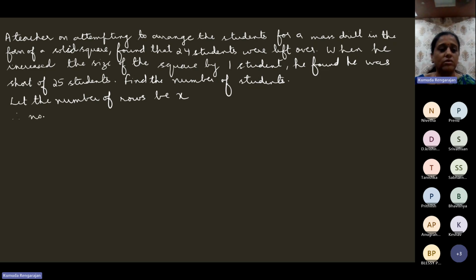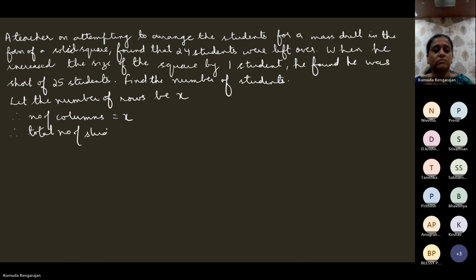Therefore, number of columns is equal to x. Therefore, total number of students in the square is equal to x square.